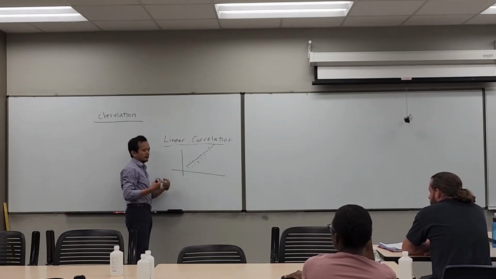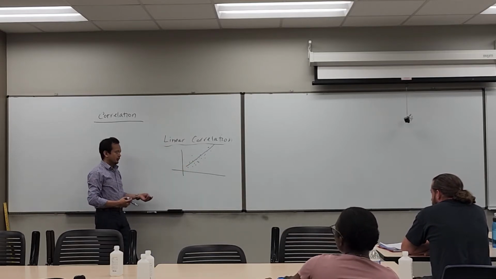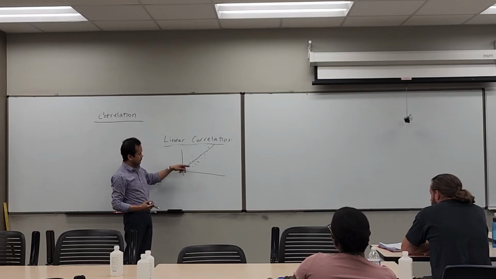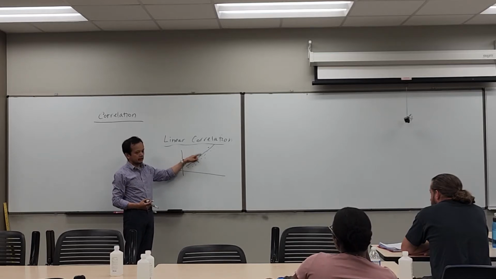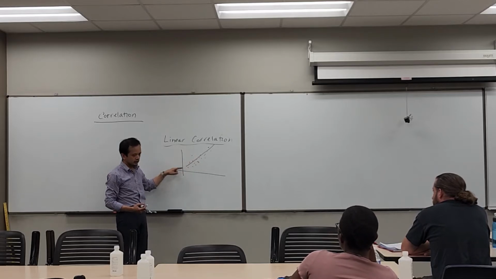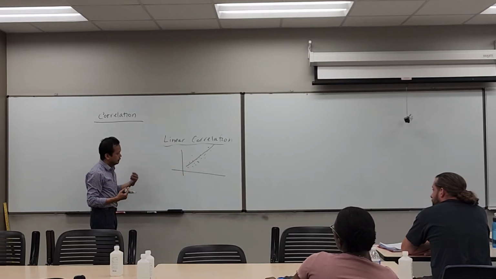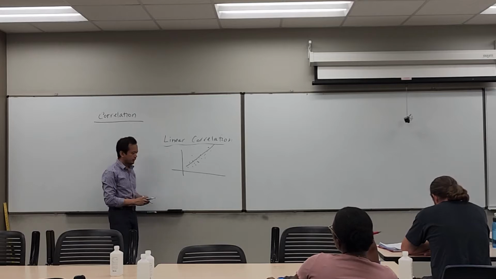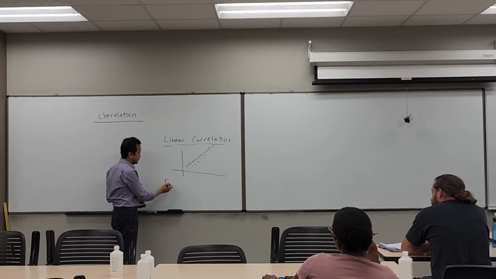Even though this is the best possible straight line through the points, it's still not a very good straight line, because there are a lot of points it doesn't go through, and for those points the distance from the line is still rather large. So we measure how good a fit that line is through R, the linear correlation coefficient.